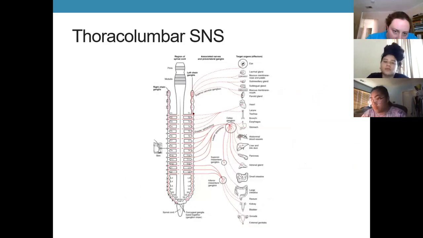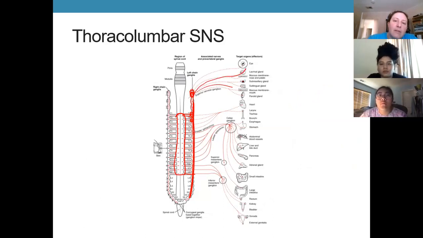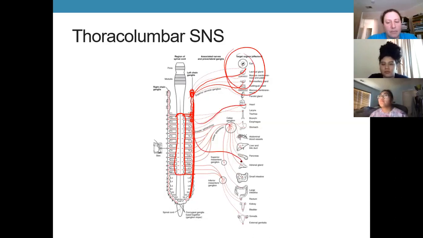They come out and the ganglia run the entire length of the spinal cord, even though the axons are only coming out from the middle. And that allows the really long postganglionic axons to run from the chain out to their effectors, whether that's up to the head, the thorax, or the abdomen.